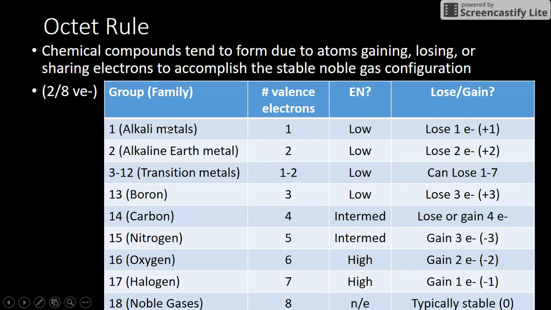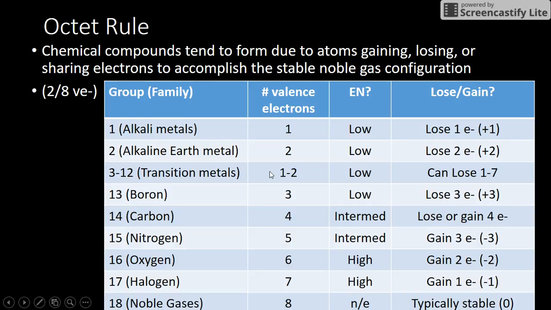Group 1, the alkali metals, have 1 valence electron. They have a very low electronegativity, so they tend to lose that electron. They don't have a lot of love for it, as it were, and they form +1 ions. Alkaline earth metals are in group 2. They have 2 valence electrons. Again, a low electronegativity, so they tend to lose those 2 electrons and form +2 ions. Transition metals are groups 3 through 12.